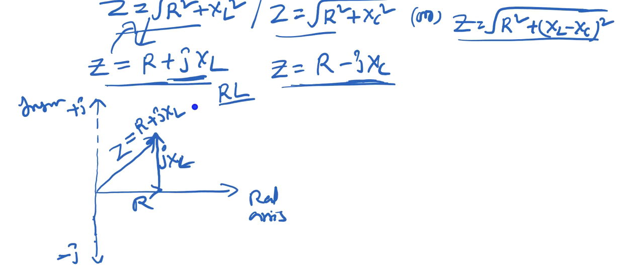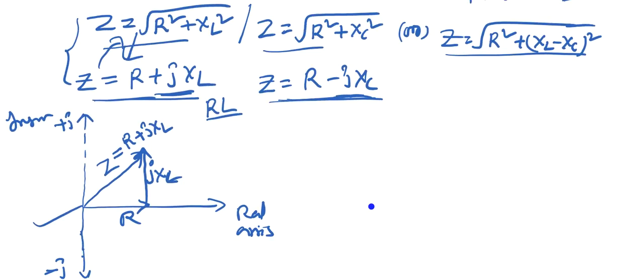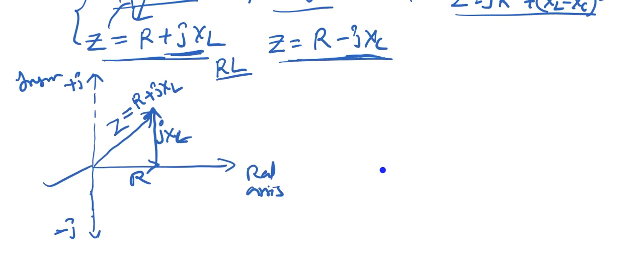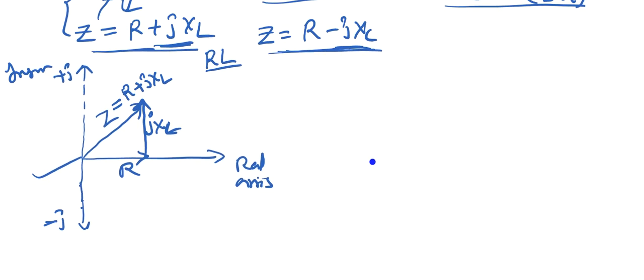If you want to tell what the impedance is, Z is equal to R plus JXL. Otherwise, Z is equal to the square root of R square plus XL square. So this is how you correlate all these relations with respect to this diagram. You know this concept, because we have already gone through how to draw the impedance triangle.